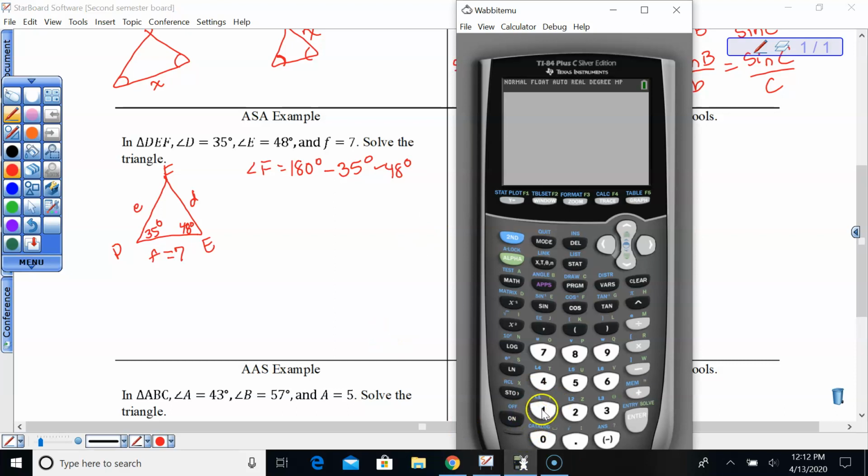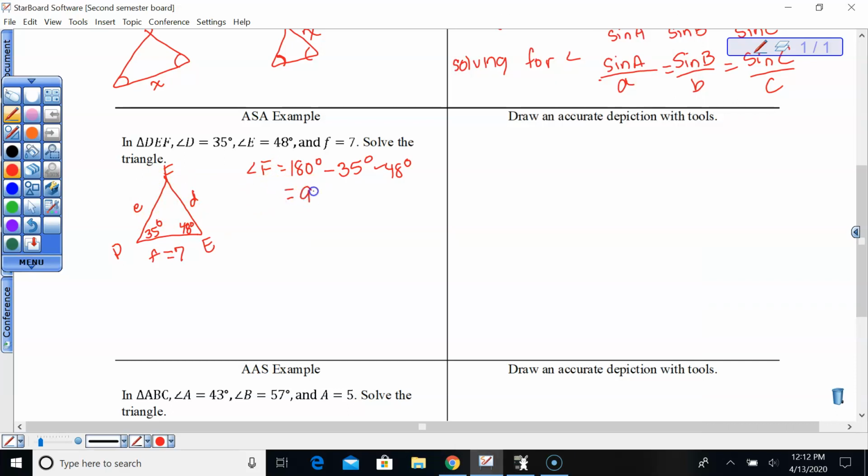Let me turn it on here. 180 minus 35 minus 48, and we get 97 degrees. So obviously my picture is not drawn to scale because angle F is not an obtuse angle, but that's going to be 97 degrees. So I'll just grab a different color here and fill that in, 97 degrees.